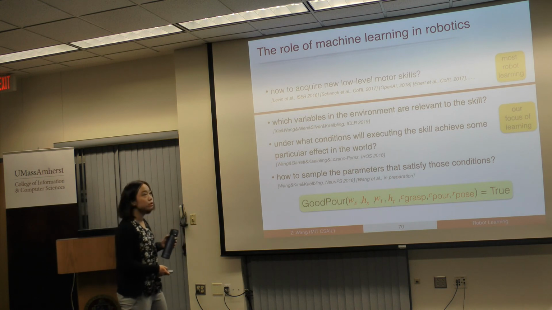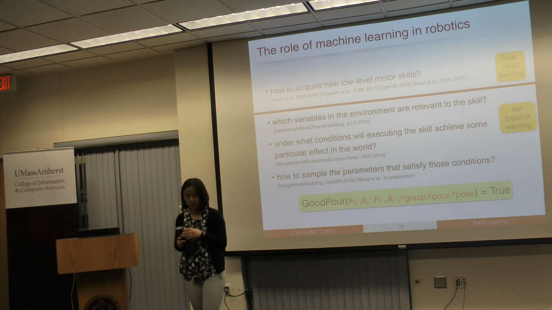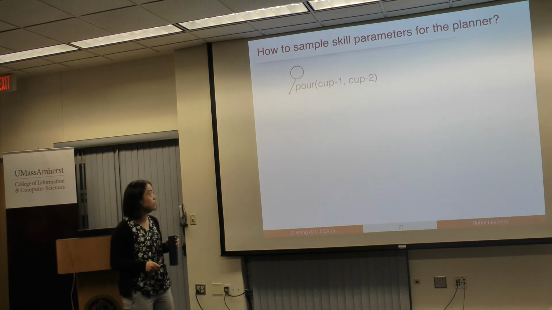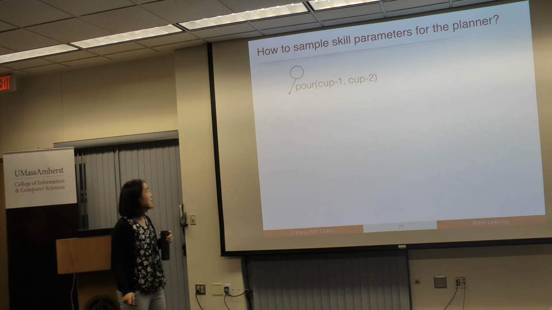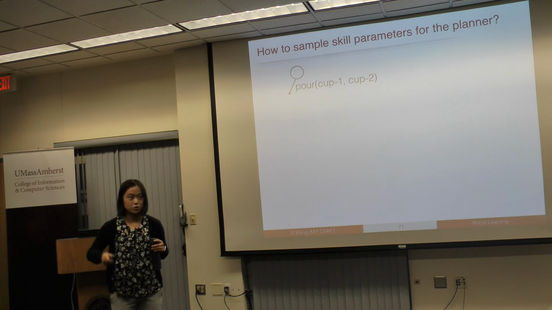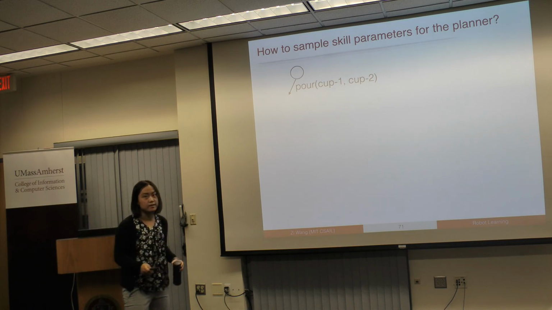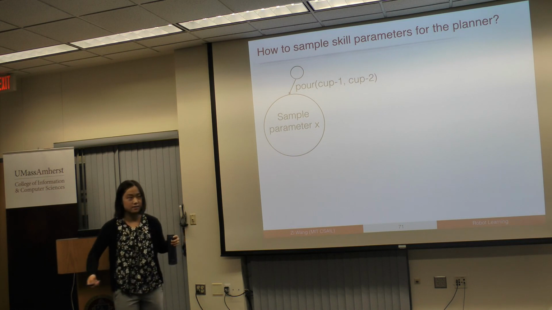And I'm going to show you quickly how sampling the parameters actually can use Bayesian optimization to achieve very good performance. So let's imagine we are still in that search tree and we're doing pouring. And now we're going to sample the continuous parameter, let's call it x.